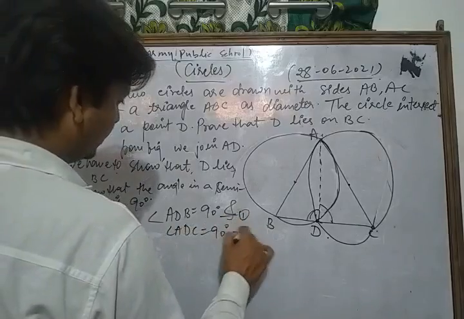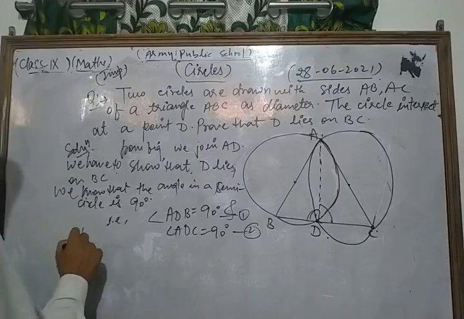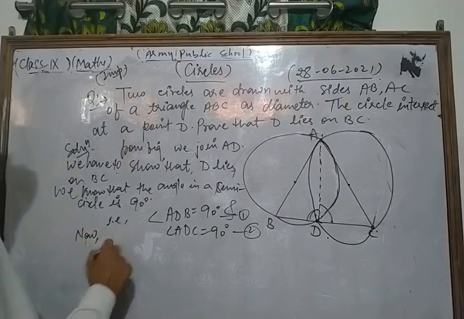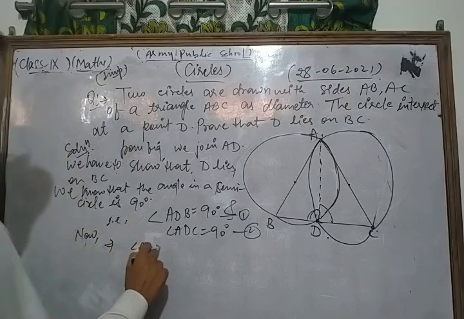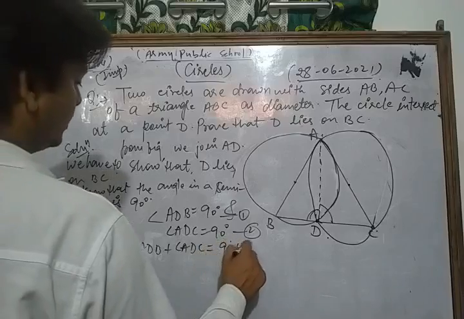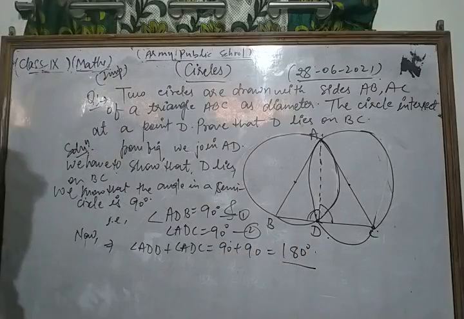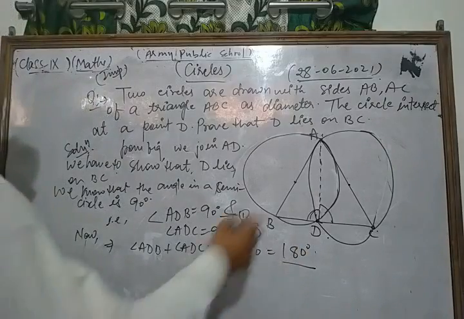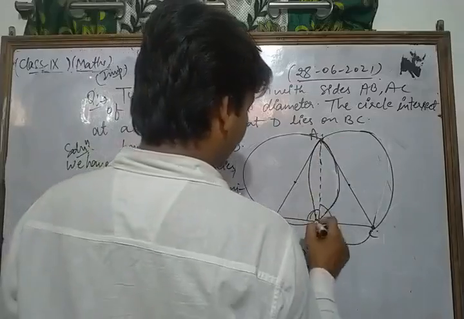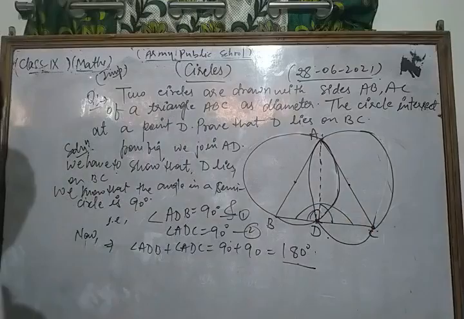Now we take equation 2, adding 1 and 2. So angle ADB plus angle ADC is equal to 90 plus 90, which is equal to 180 degrees. So angle ADB plus angle ADC is equal to 180, which means angle BDC is what?